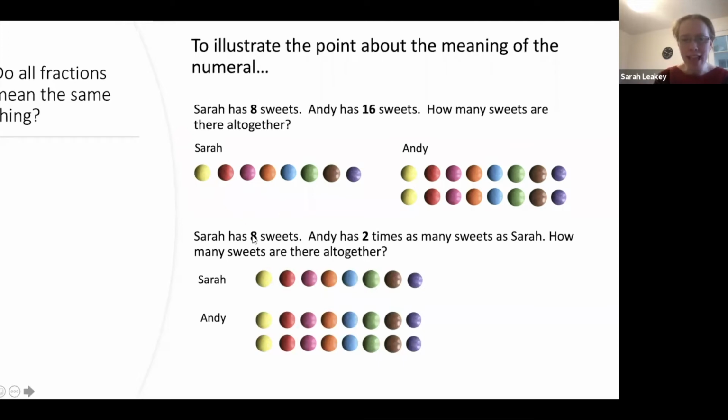You can see that this 8 is the quantity of sweets, it's how many Smarties I get. This 16 is the same, but this 2 isn't about how many Smarties I get. It's describing a relationship between the number of sweets that I have and the number of sweets that Andy has. So that's what that 1/2 was doing in a similar way in the other problems. So do our pupils understand that numbers can have different roles within these problems?